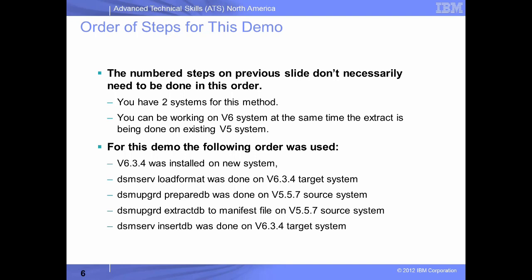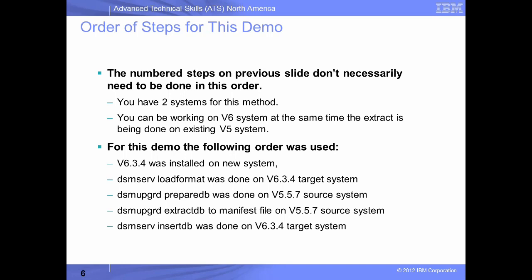It creates a very small empty database, and it does an initial backup of that database. And at that point, the 6.3.4 system is ready to go. It's sitting there waiting for the data that you are going to extract from the version 5.5 system, and then you're going to go over to the 6.3.4 system and do an insert. So that system is sitting there.